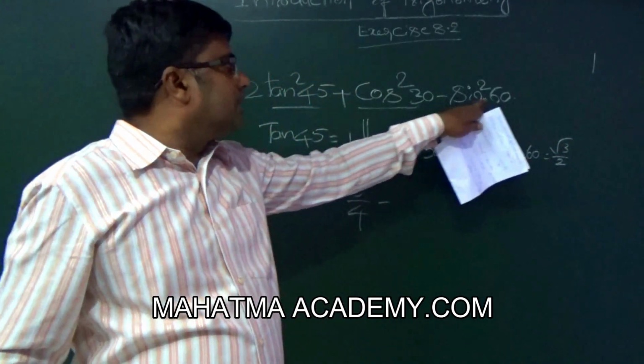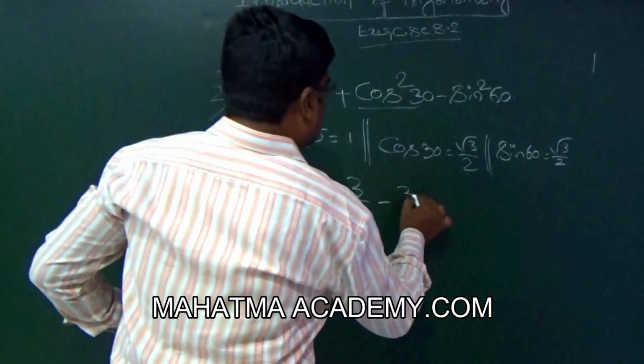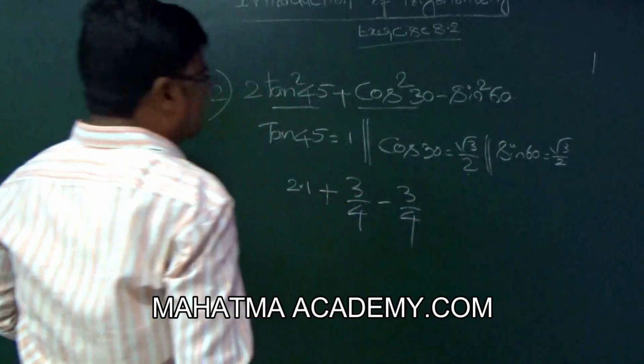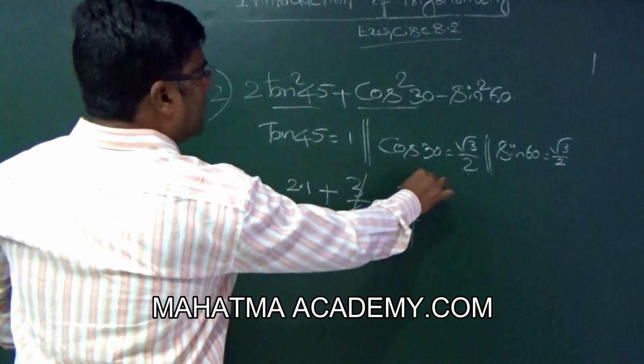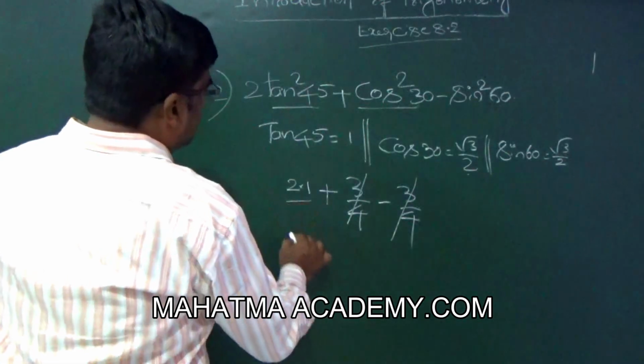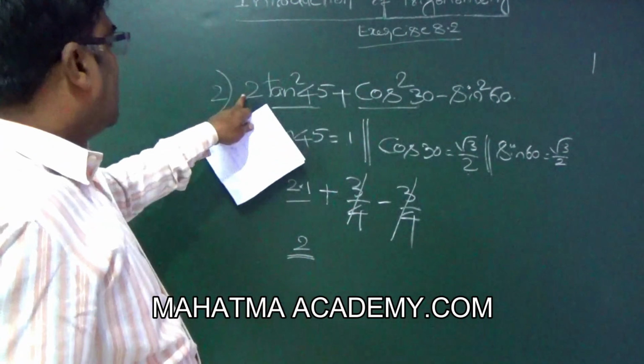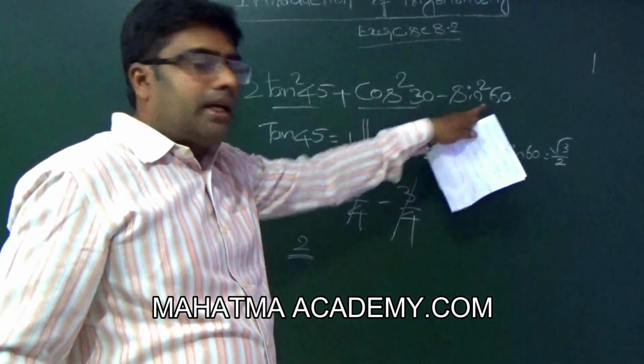What about sin square 60? Sin square 60 is 3 by 4. So plus 3 by 4 minus 3 by 4 is cancelled. Result is 2 into 1. Result is 2. So the value of this equation is 2.